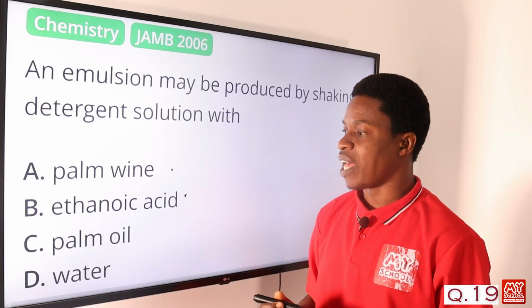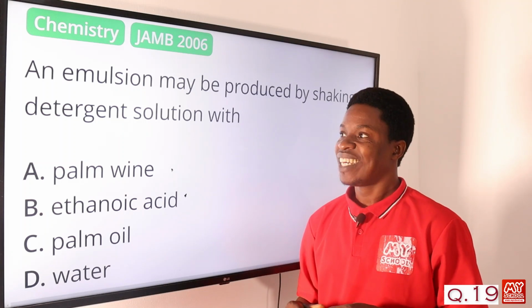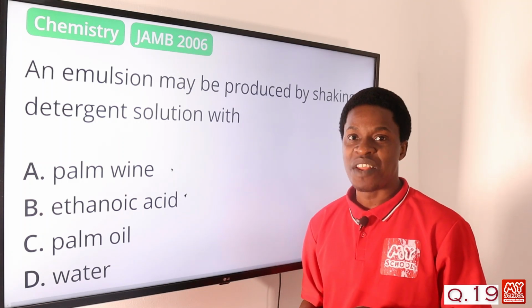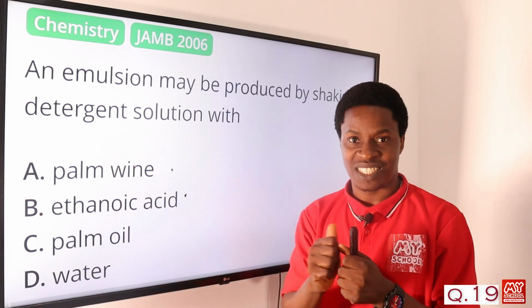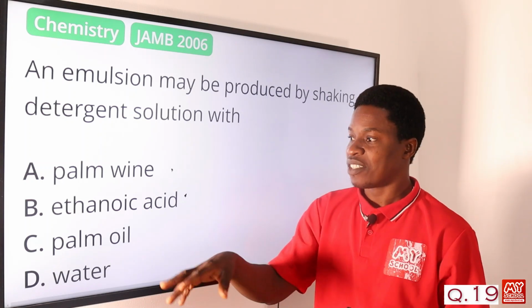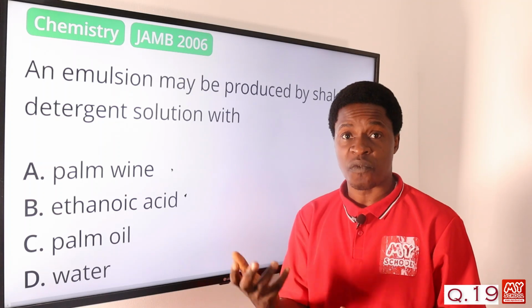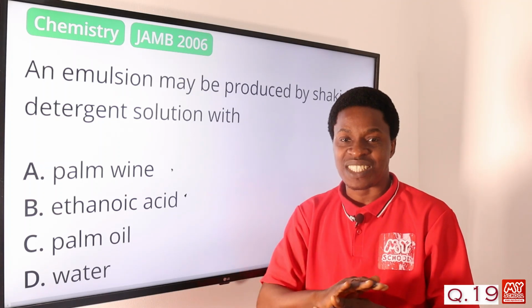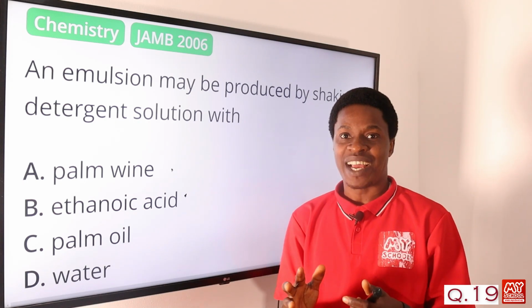We have option C, palm oil. Of course, palm oil is a stabilizer. When you wash, you can see it: you add detergent into water and it's going to foam, and then when you add oil into it, it stabilizes it, and all those foaming you are seeing, you no longer see again.